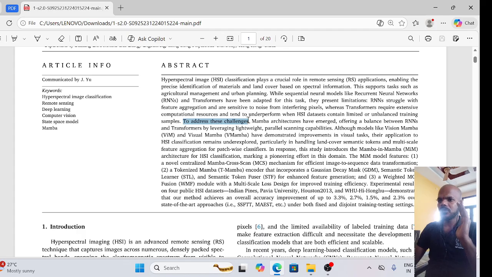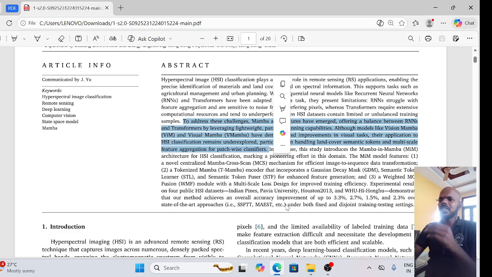The Mamba architecture has emerged, balancing between RNN and transformer, with lightweight, parallel, scaling capabilities. That means they are discussing the limitation that existed and how they are overcoming it in the paper.